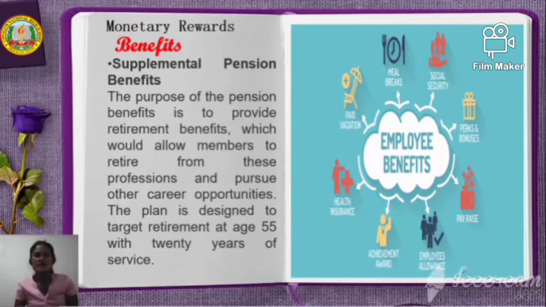This is according to my research only, that a policeman can retire at the age of 55. I don't know if this is still the system in the present times, and also if they can render 20 years of service, so they can retire and will be receiving retirement fees or retirement benefits. So that is a benefit.